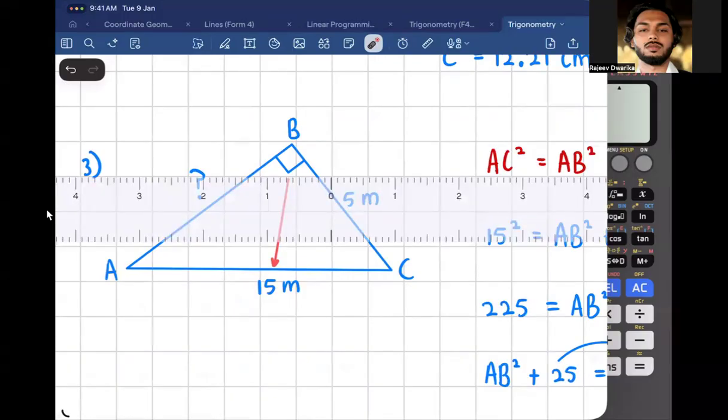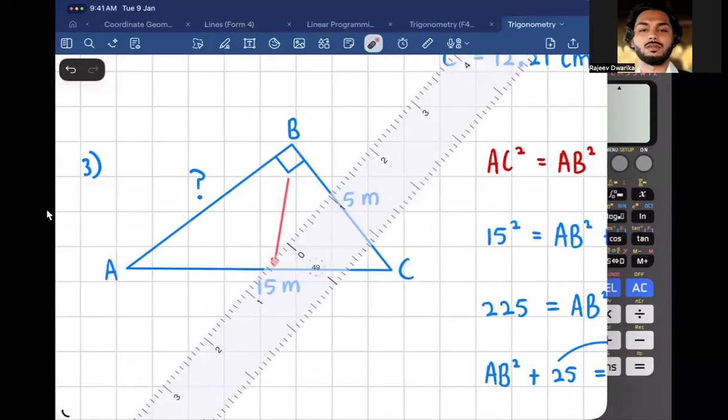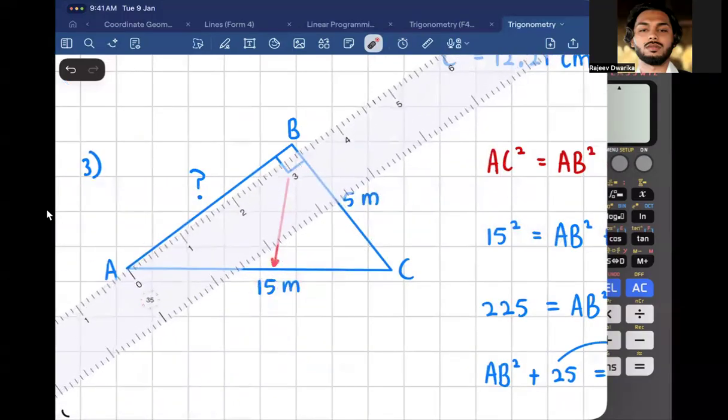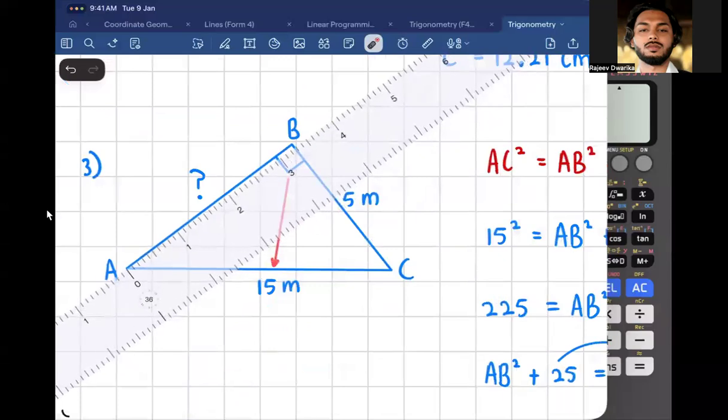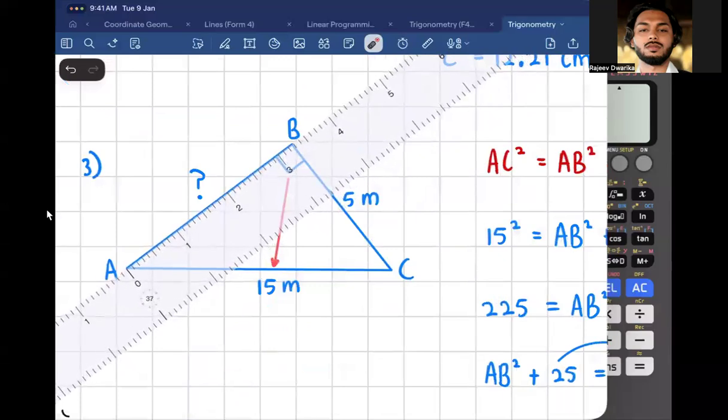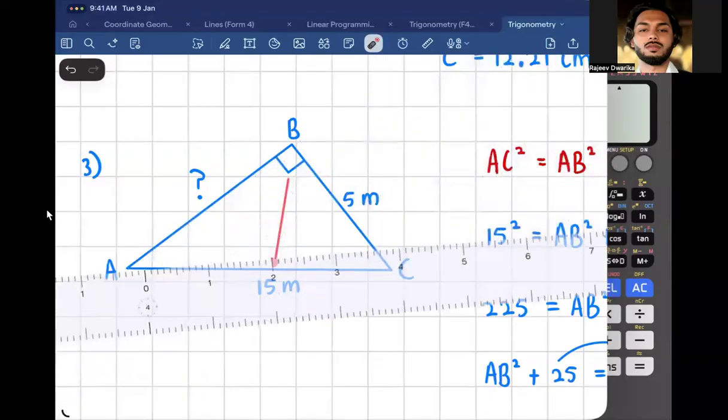In any exam, if you're feeling like you have trust issues, no joke, measure it. Measure it, right? Watch. The hypotenuse is the longest side in the triangle. This AB, if I measure it here, is roughly 3.25 centimeters.